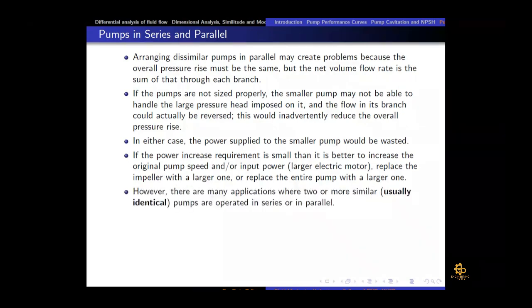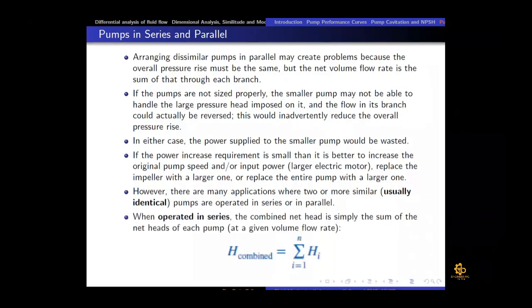However, there are many applications where two or more similar, usually identical, pumps are operated. As I mentioned, if we want to pump water from a lake into a sector, like the CTA does, there are hundreds of pumps installed in series and parallel at the location of the lake, and in between that water supply, because it is not enough to install the pumps only at the lake location.